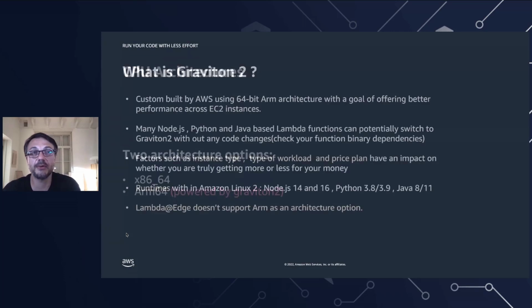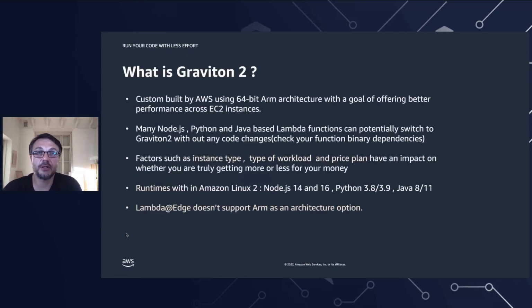A few words about the Graviton 2 processor and why you should care about it. First of all, this is an ARM architecture processor, but the design and production of this processor is done by AWS. At first, we announced them to run on EC2 instances and then expanded the support into additional services.